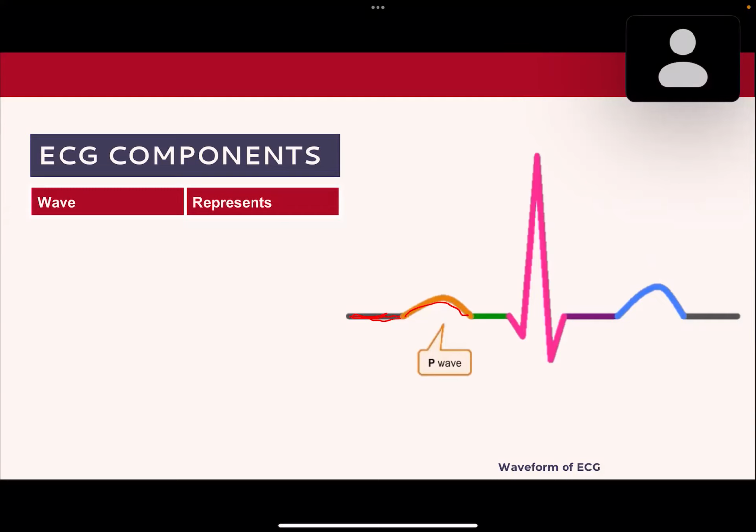Before the muscle contracts, we know that an electrical impulse should pass through it to trigger this contraction. The electrical impulse, in other words, is known as depolarization. So what happens before contraction? Depolarization. So the first thing that happens is atrial depolarization, and that is demarcated by the P wave. This is very important for your exam, and you should memorize this, okay?